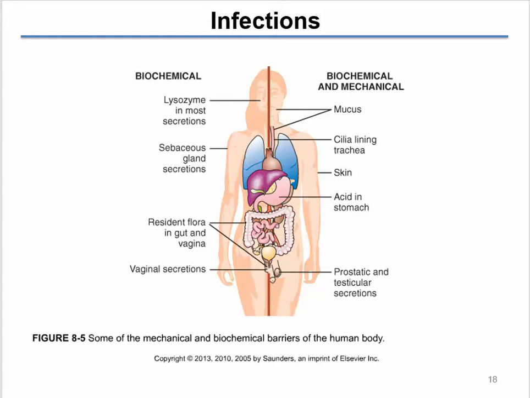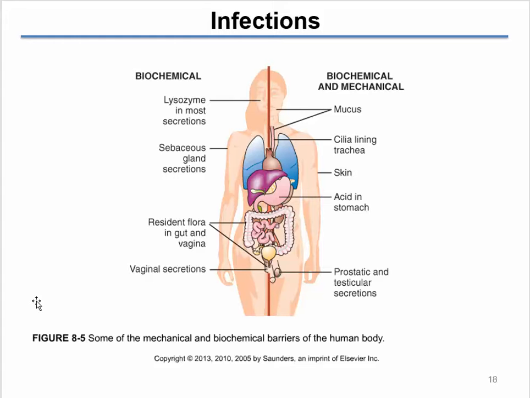We have cilia that move the mucus around and move it to places where any microorganism will get destroyed. Most of the secretions in our body are acidic and they have lysozymes in them. There's resident flora in some of the openings, in the vagina, in the large intestine, in the guts.